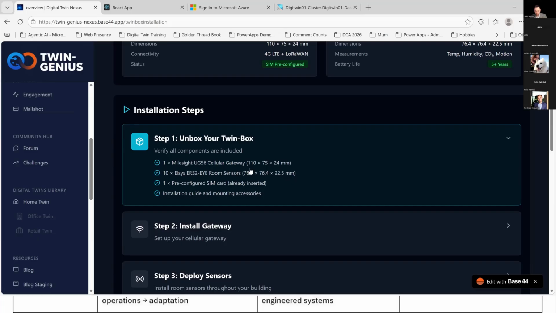So rather than trying to take legacy systems and connect those into the digital twin, this is giving you a set of sensors and the SIM card, which connects it straight into the system and allows you to start capturing that data.